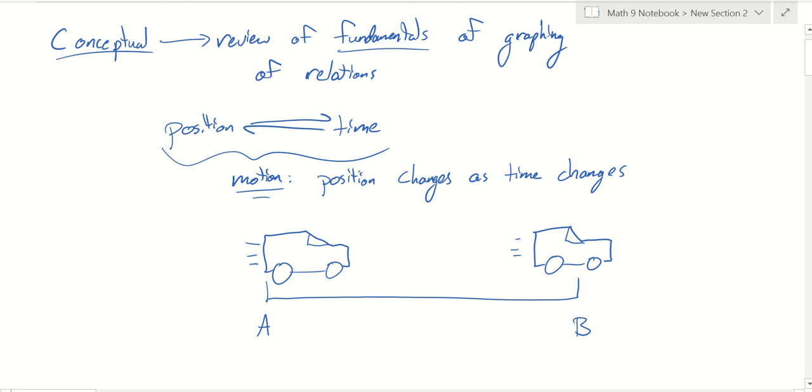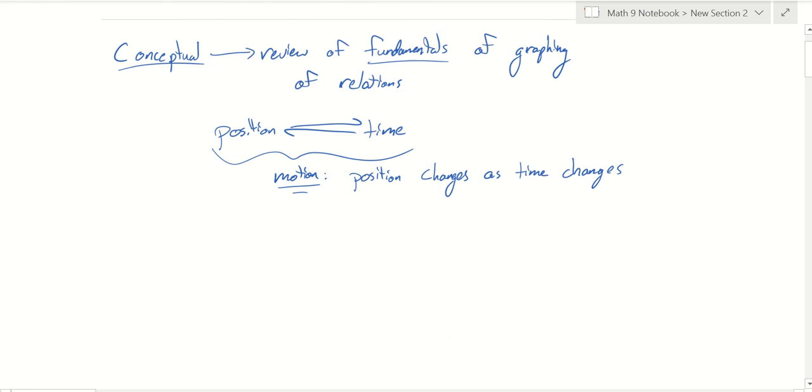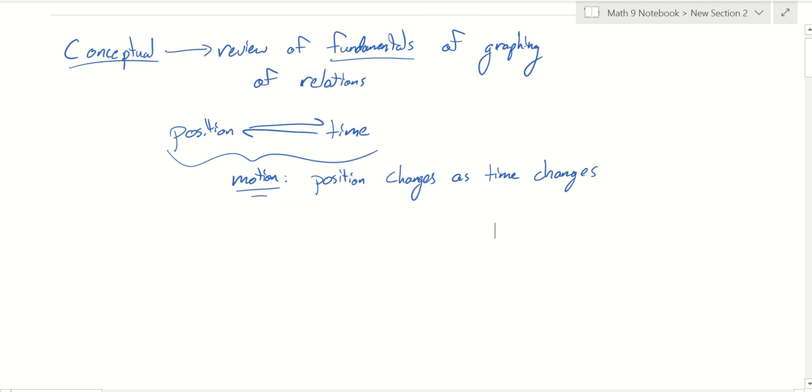If position changes a lot with respect to time, then you're moving faster. If position changes only a little bit, then you're moving slow. If you are not changing your position as time changes, then there's no motion, so you're standing still.